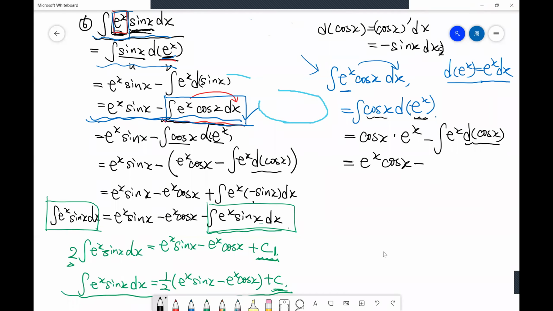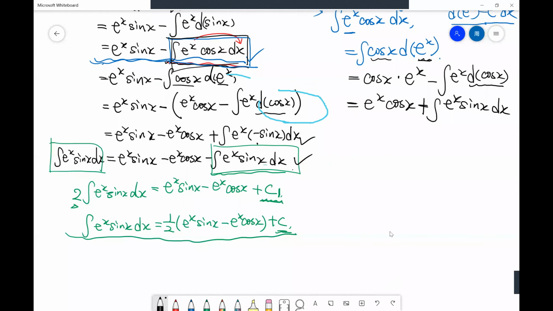So here minus means plus, so that is the integral of e^x sin x dx. So we come to this step. We just use integration by parts again for this integral. Can you understand now? Yes, teacher. Thank you. Welcome.